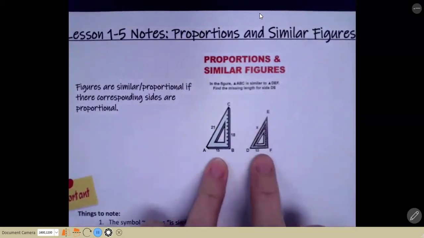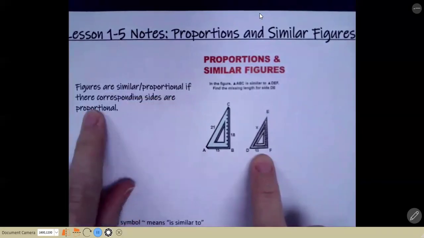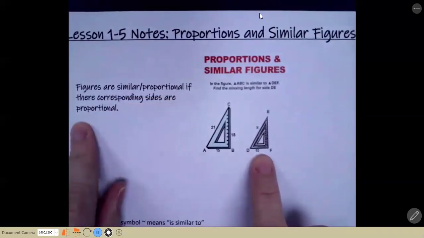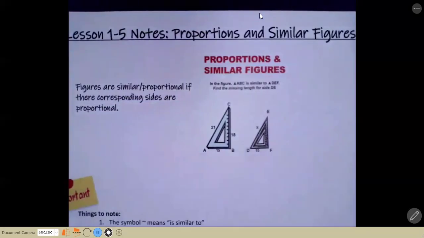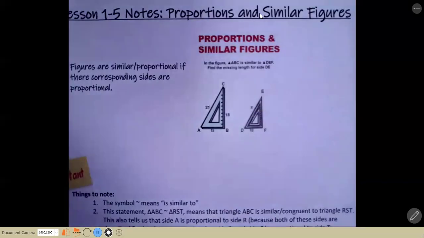Okay, so figures are similar or proportional if their corresponding sides are proportional, meaning their corresponding sides are like equivalent fractions. So for example, if I wanted to figure out what X is on this triangle, I have to set up a proportion with equivalent fractions.